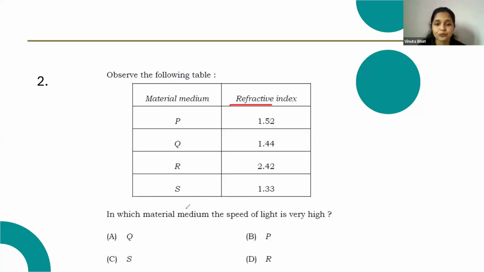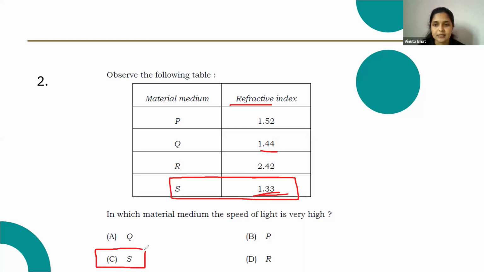So where the refractive index is very less, there the light speed is very high. You can see here 1.44, here 1.33. So this one, S, which has 1.33. So the correct answer is option C, S.